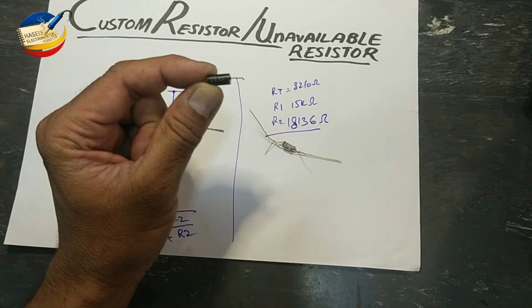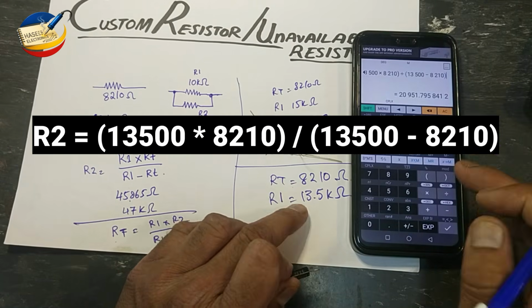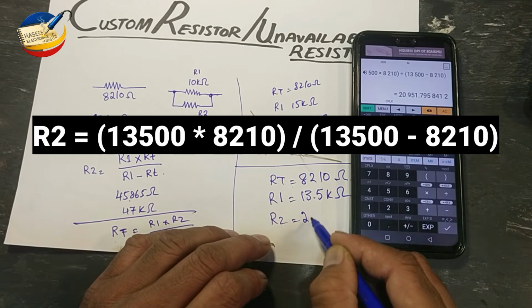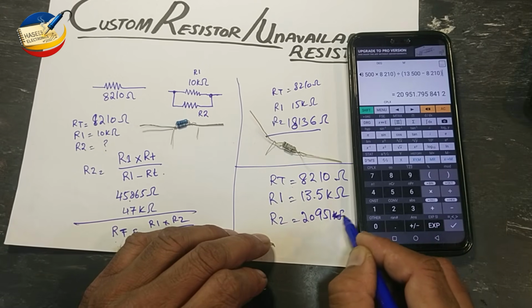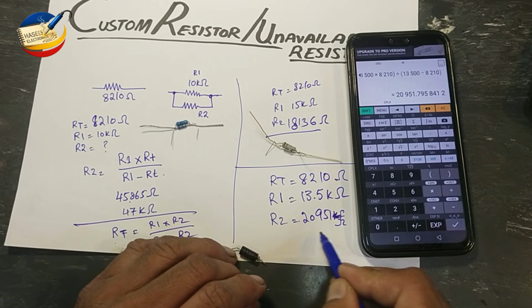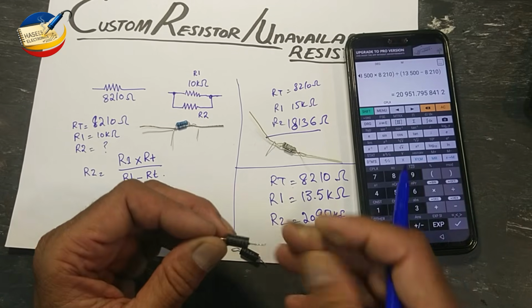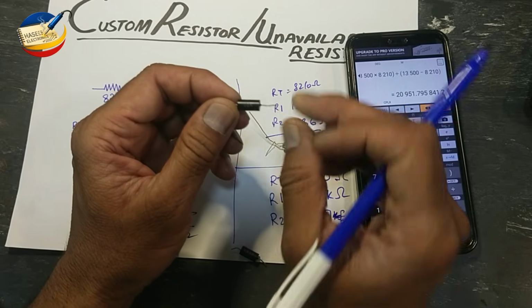This is 13.5 kilo ohm. Third condition, R2 is 20.9K, 20,951 ohm, or 20.95 kilo ohm. I have this 20K resistor.